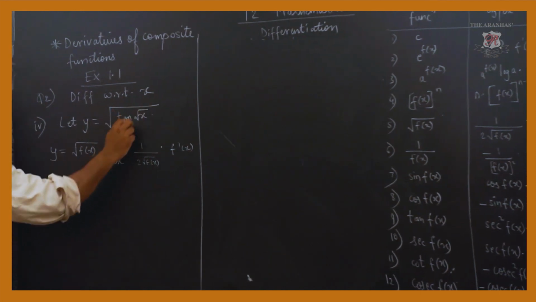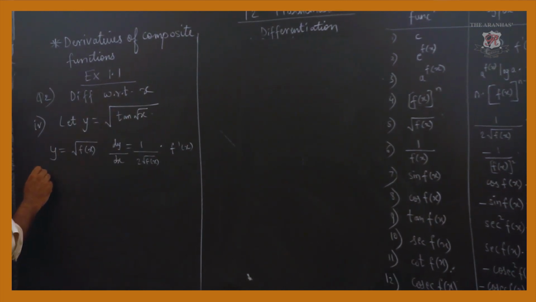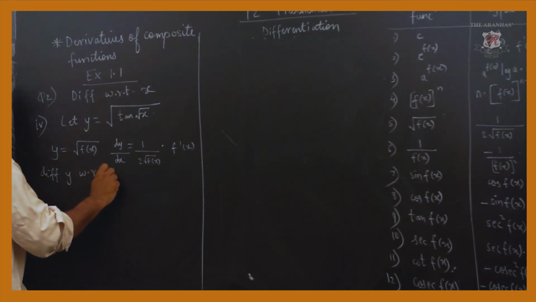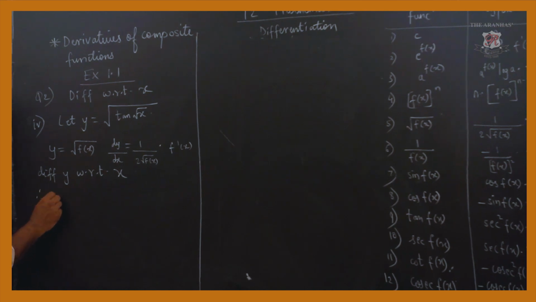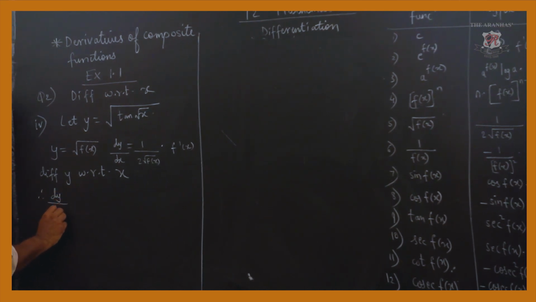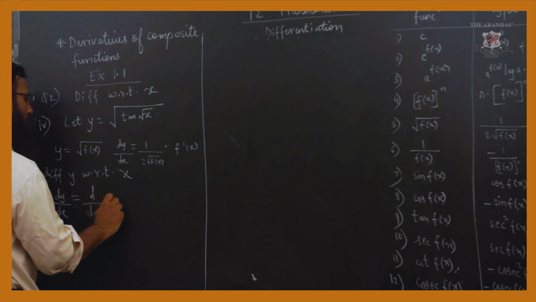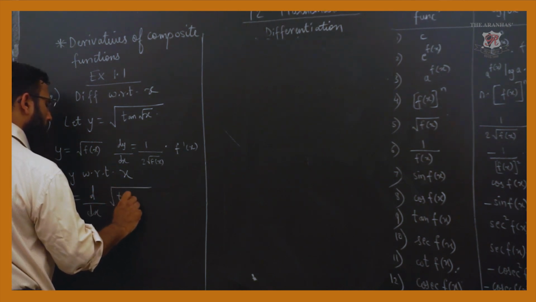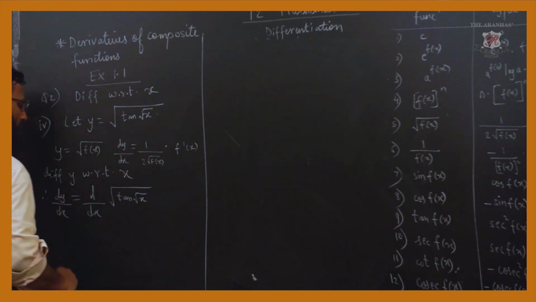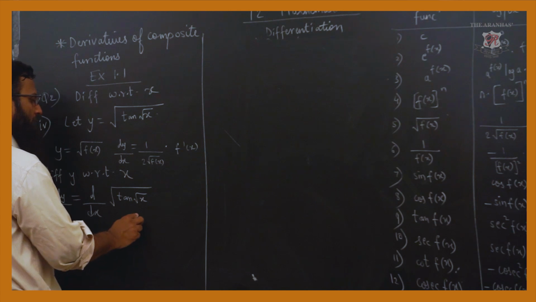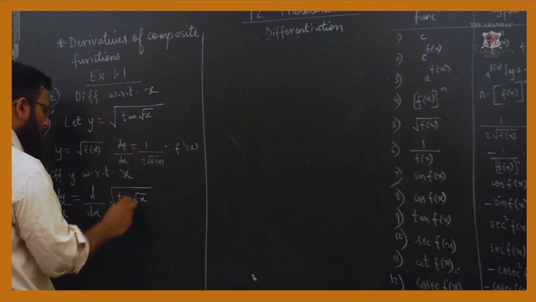So this is my root of f x. Differentiating y with respect to x, dy by dx is equal to d by dx under root tan root of x. We are aware that derivative of under root f x is 1 upon 2 root f x.